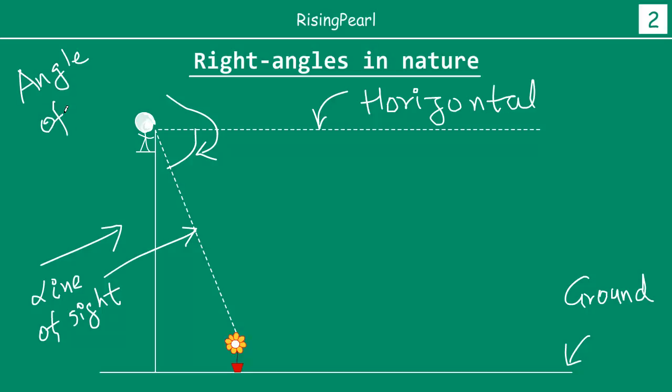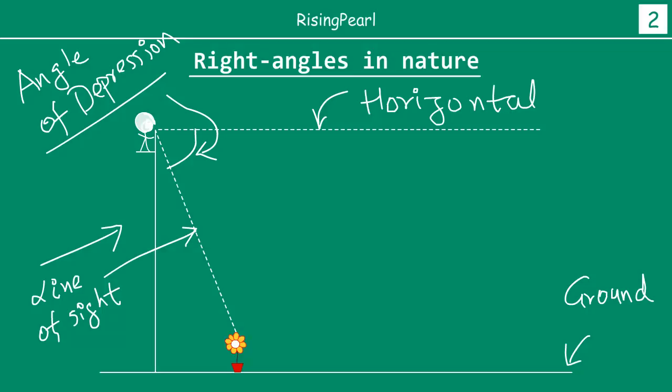Just simply, if you are looking up at something, it is elevated, meaning upward. And if you're looking down on something, D for down, D for depression. Both are the same in the sense that they are the angle formed between the horizontal line and the line of sight. If your head is tilted up, it is elevation. If your head is tilted down, it is the angle of depression.